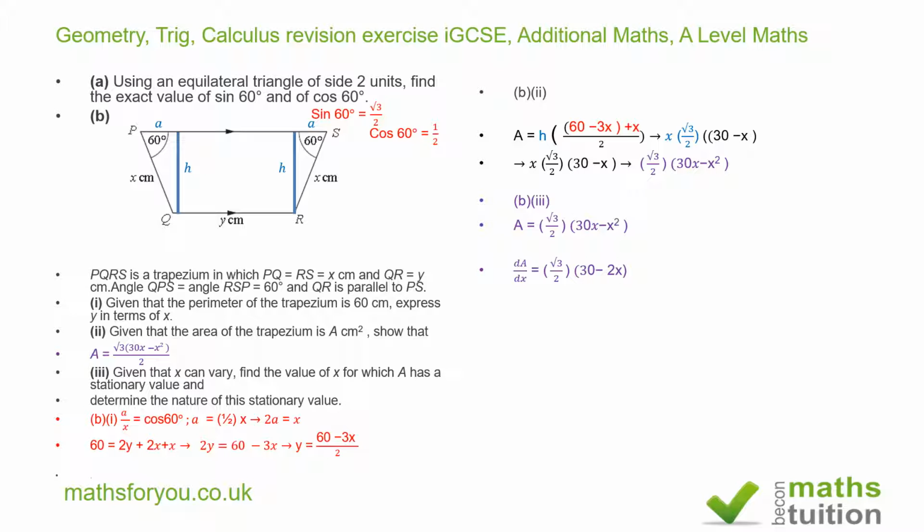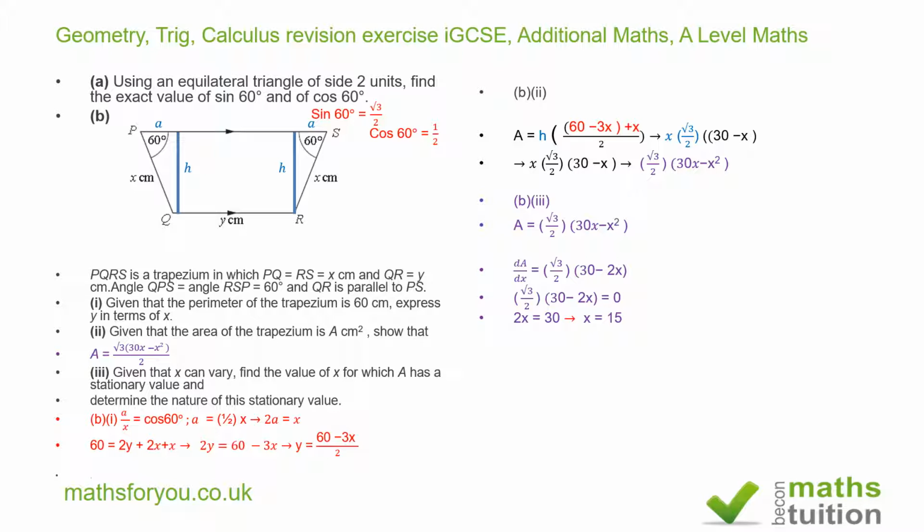So root 3 over 2 multiplied by 30 minus 2x is equal to 0, and that gives us 2x is equal to 30, in which case x is 15. So that is the answer we require for the first part of B3 there.